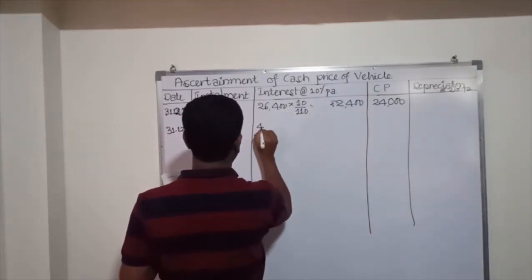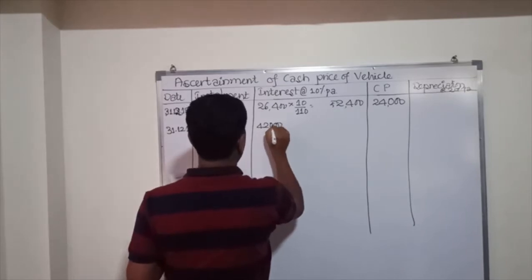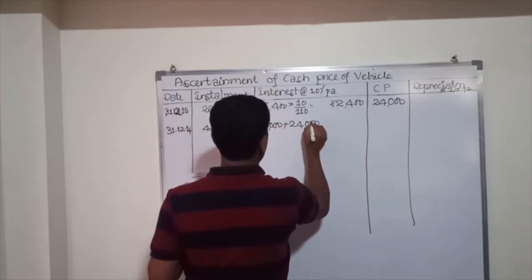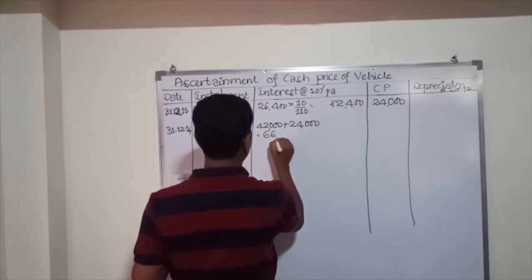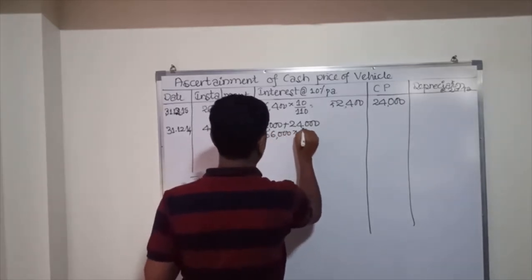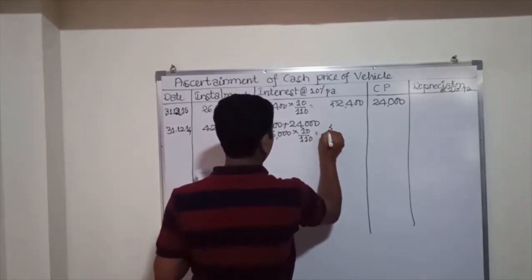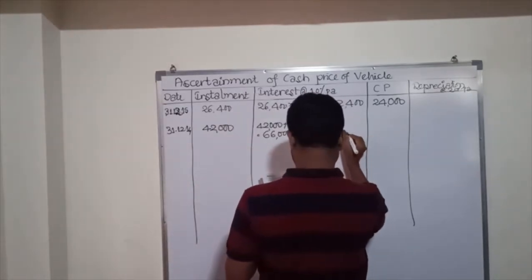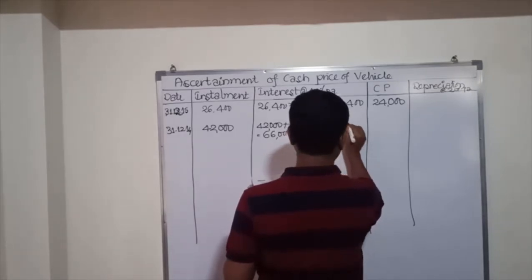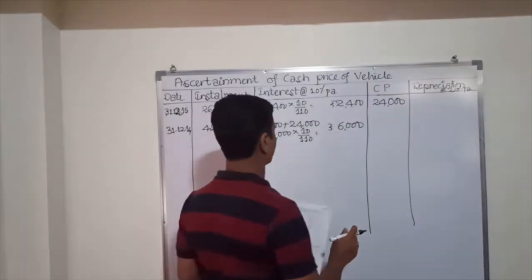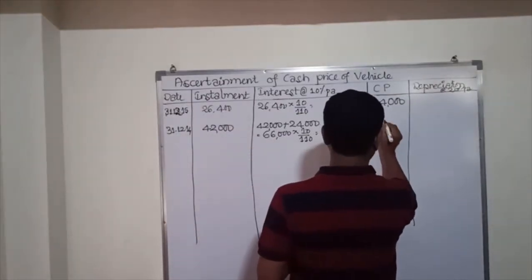So 42,000 plus 24,000 equals 66,000. So 66,000 into 10 divided by 110 comes to rupees 6,000. When you subtract 6,000 from 42,000, you will get 36,000.